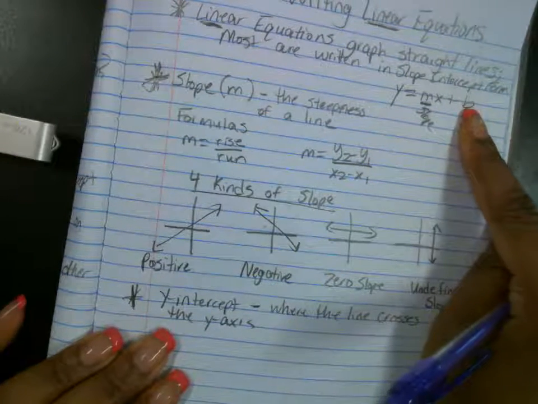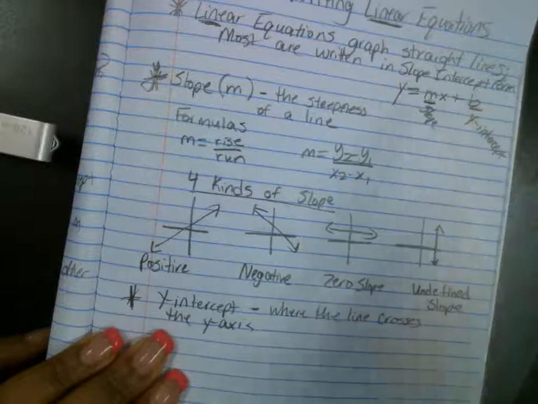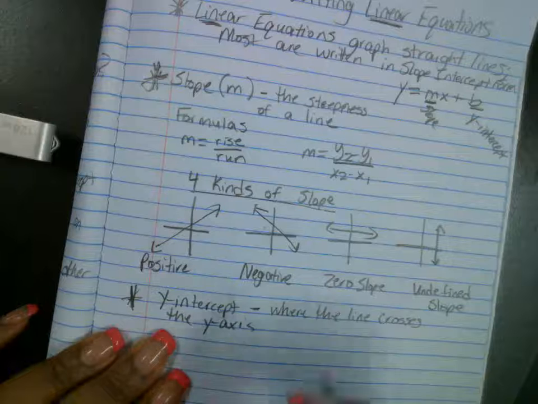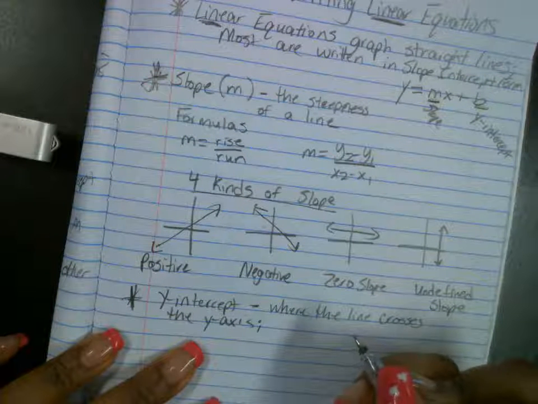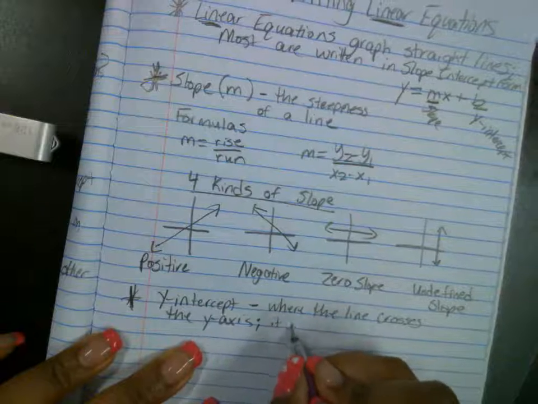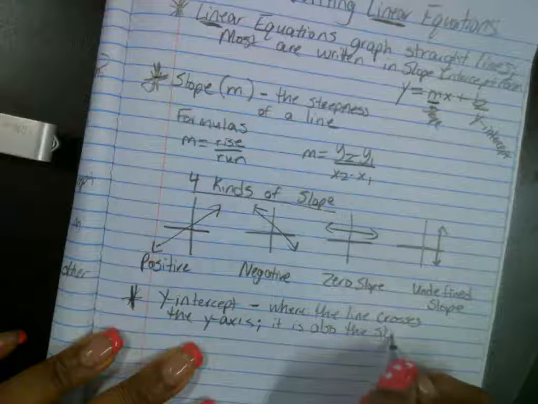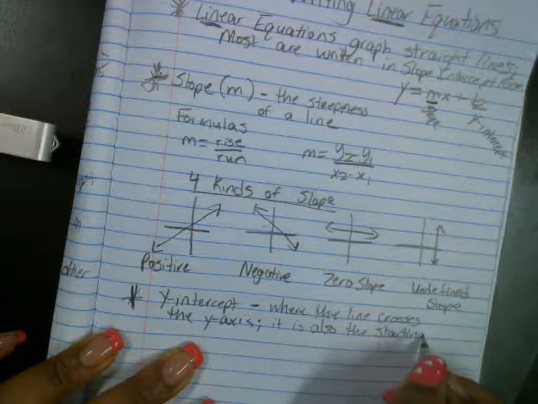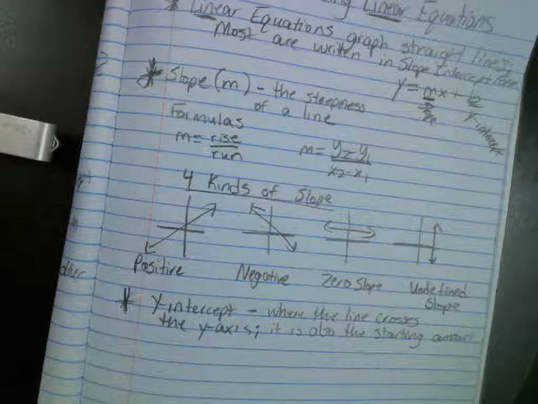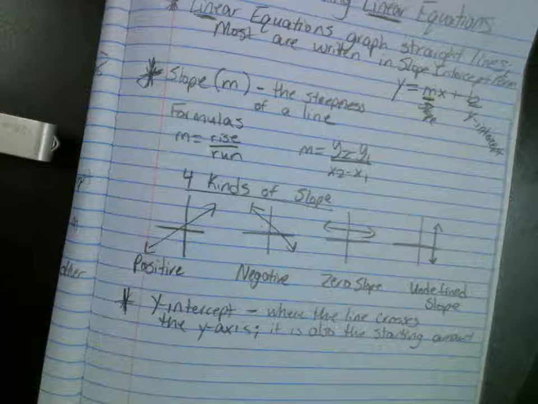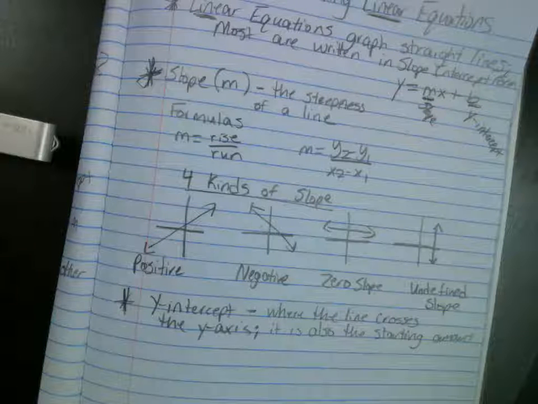This number right here is where the line crosses the Y-axis. And it's also the starting amount. I'm going to put a semicolon because it is also the starting amount.